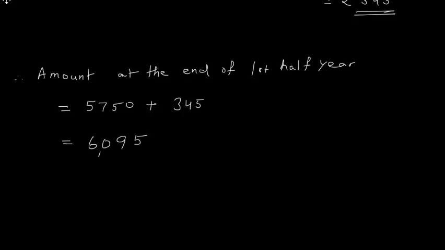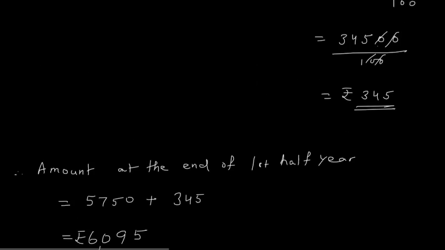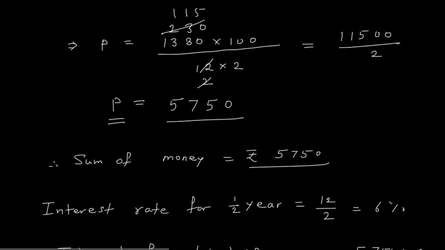So 6095. This is rupees 6095, the amount at the end of first half year. So we got the amount at the end of first half year.